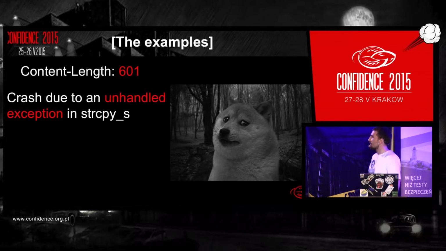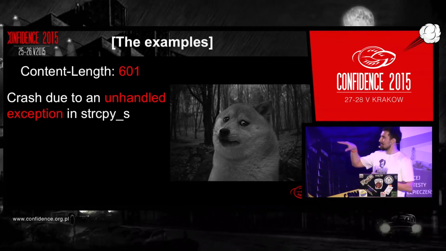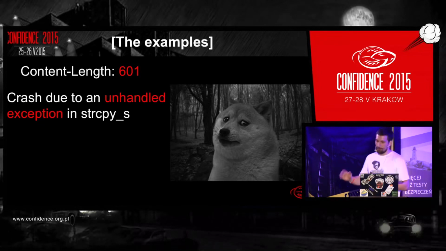Next, here is a bug with a Content-Length header specified as 601. This is a funny bug because the developers of the web server used a secure string copy function, which, if something goes wrong, gives us an exception. So that's the good part. The bad part is that developers forgot to handle that exception properly, so when the exception occurs, the server will crash.